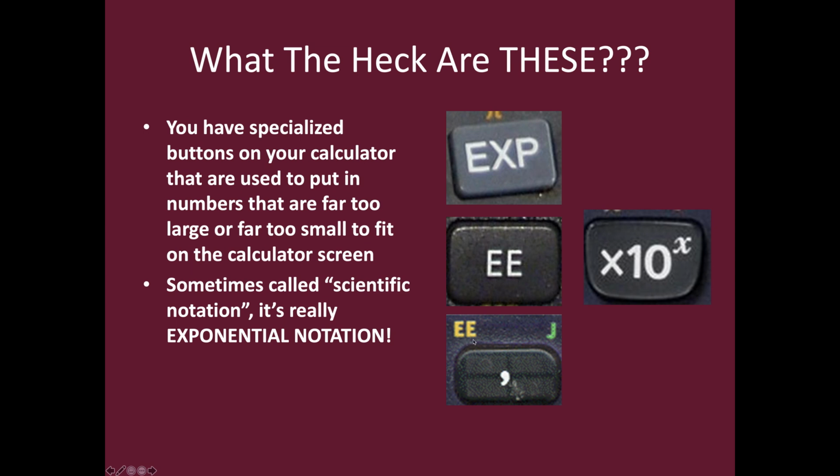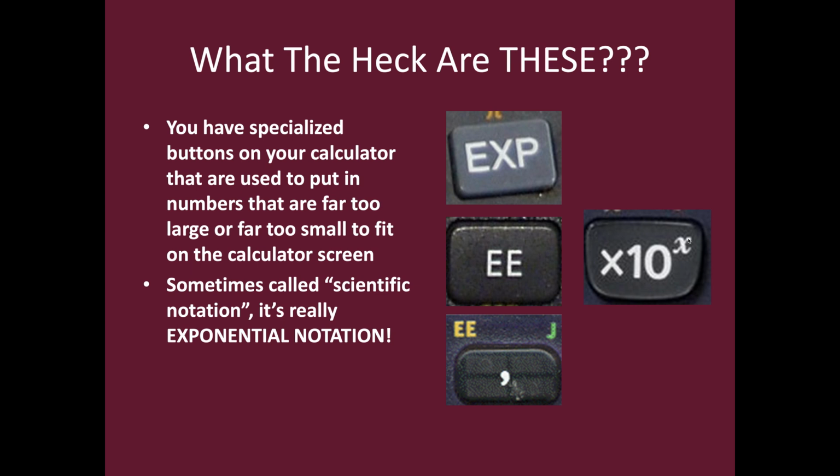EE stands for enter exponent. So you type your coefficient, you push this button, and then you enter the exponent. And then this does exactly the same thing. You put in the coefficient, you push this button, which stands in for times 10 to the, and then you put in the exponent. And that's how you would enter scientific notation into your calculator.